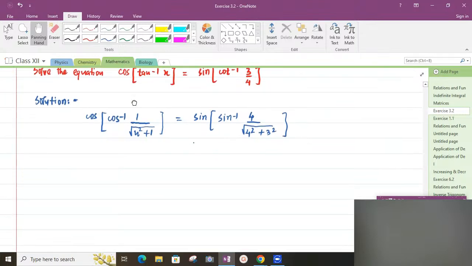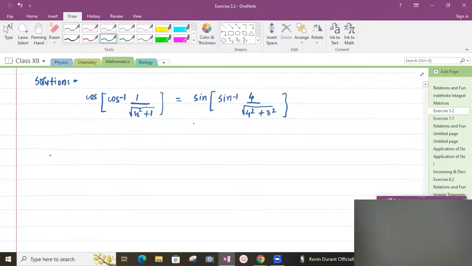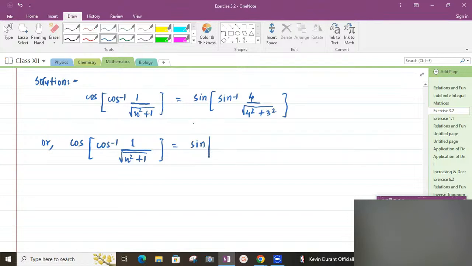Let's see the next step. Here will be cos, cos inverse 1 by root of x square plus 1 equal to sin inverse 4 by root of, square of 4 is 16 and square of 3 is 9.